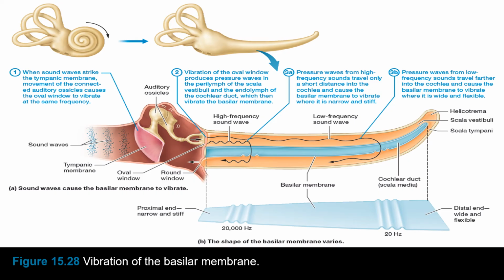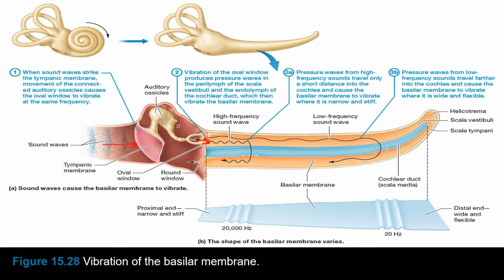This shows you a pretty good example of what I mean. So we have some mixed frequency sounds coming in because you're hearing all sorts of frequencies at all different times. These travel in, they vibrate the tympanic membrane. The tympanic membrane vibrates the auditory ossicles. The stapes pushes in on the oval window, and then that produces those air vibrations as fluid vibrations.